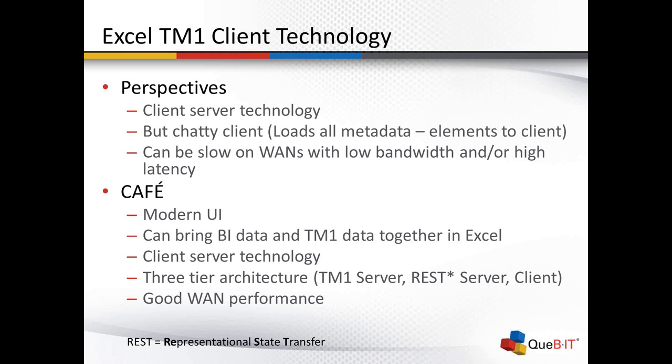So I have a TM1 server and a REST server and a client, and REST stands for Representational State Transfer, which sounds very fancy, but what it really means is that when Cafe wants some data from the client, it says to the REST server, hey, I want to browse this cube. Give me the first screen full of data, and the REST server says, well, that browse you asked for has 50,000 rows on it, so I'm not going to give you 50,000 rows.